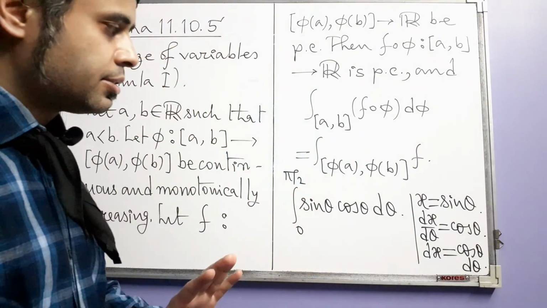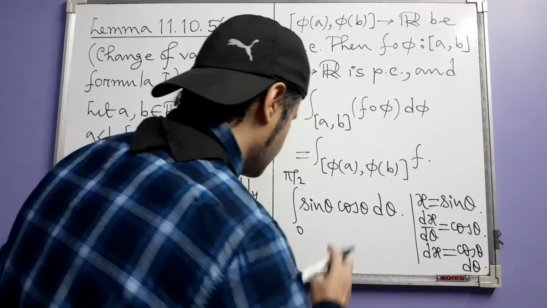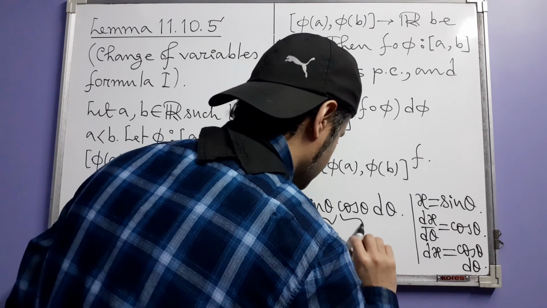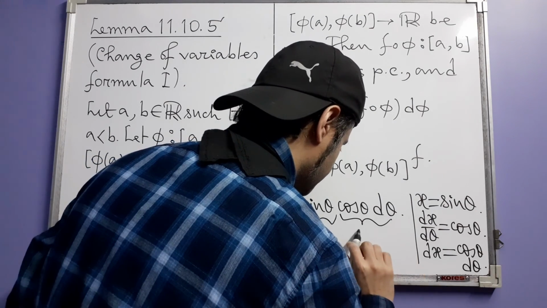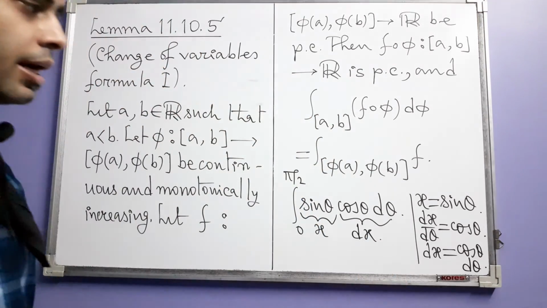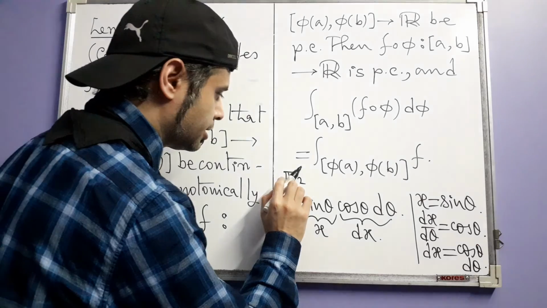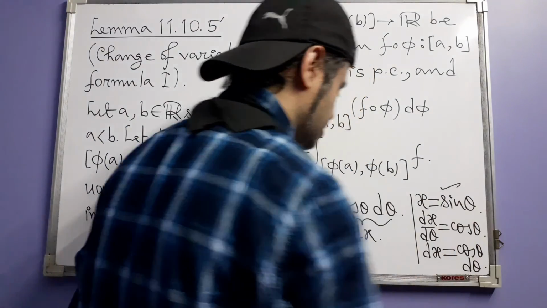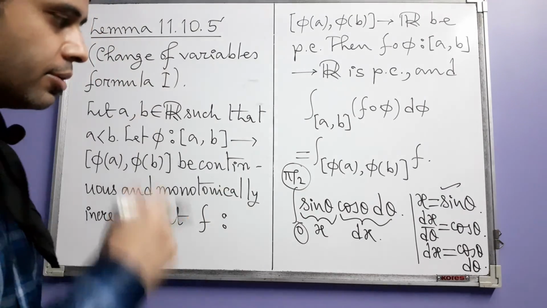So the thing here is this: after making this substitution, you have x here and you have dx here, and accordingly you also changed these limits according to this substitution, and you then got the integral.